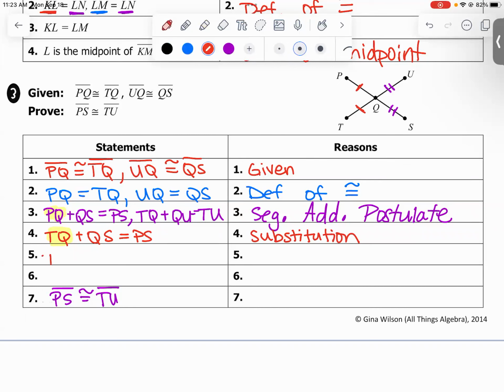But what is QU the same as? So we took QU and it's the same as QS.